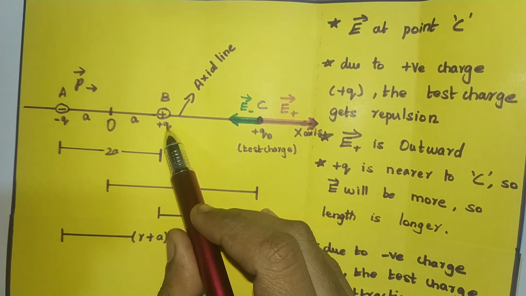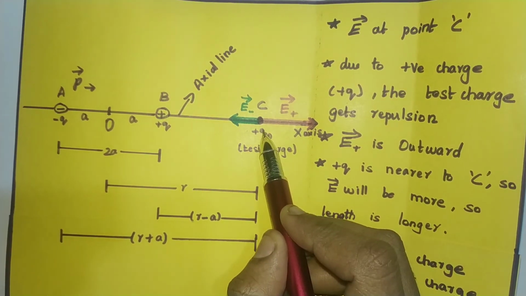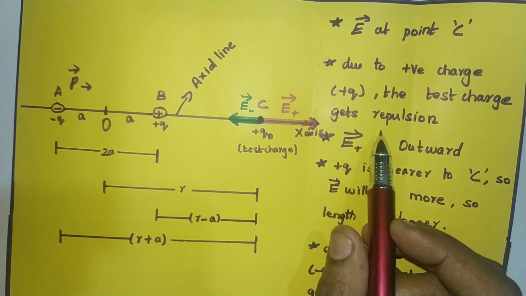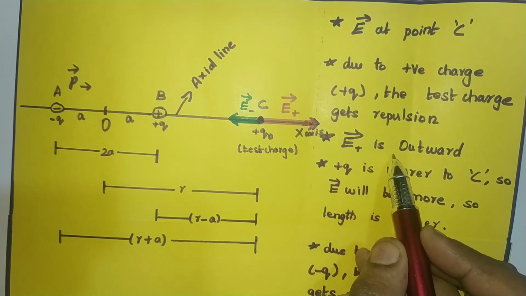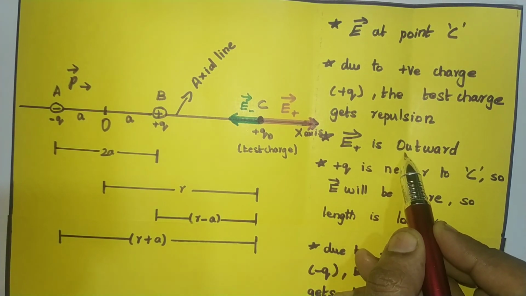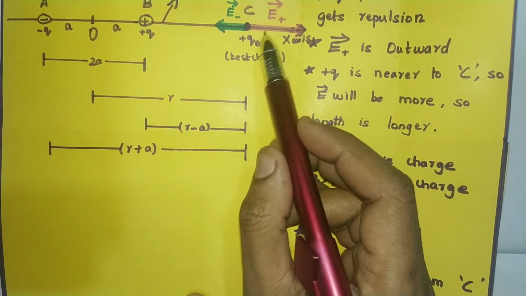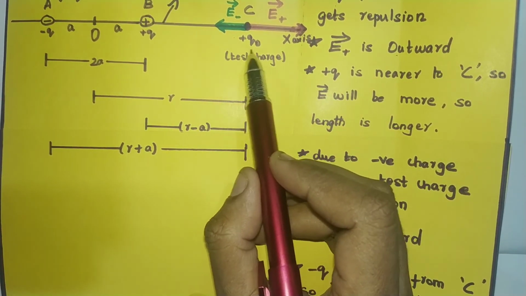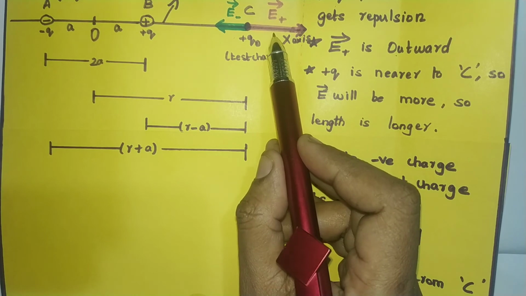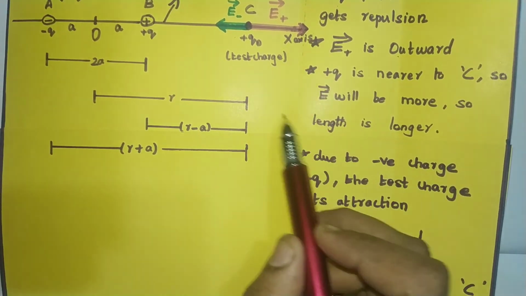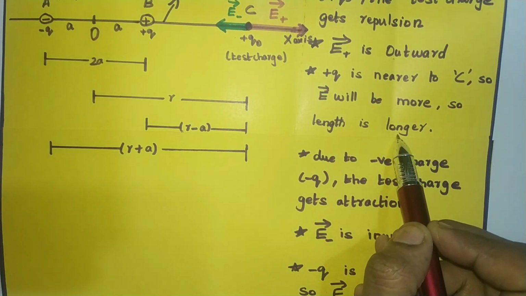Due to repulsion, E plus vector is pointing outwards. And plus Q charge is nearer to C. So E plus vector intensity will be more and the length is longer.